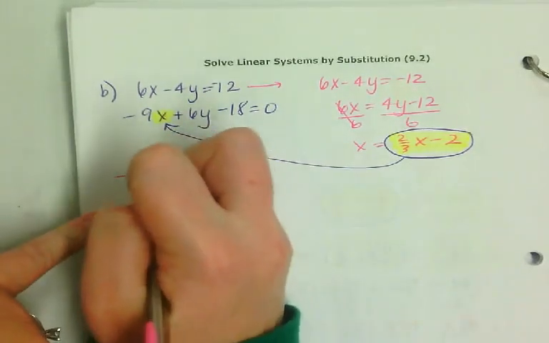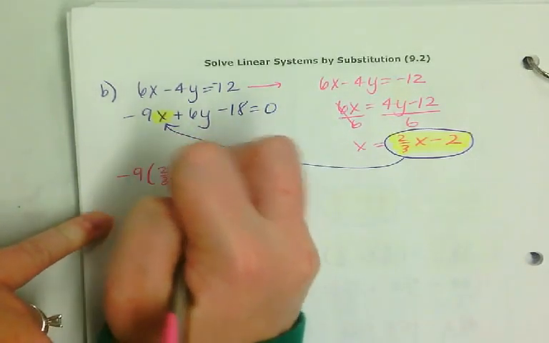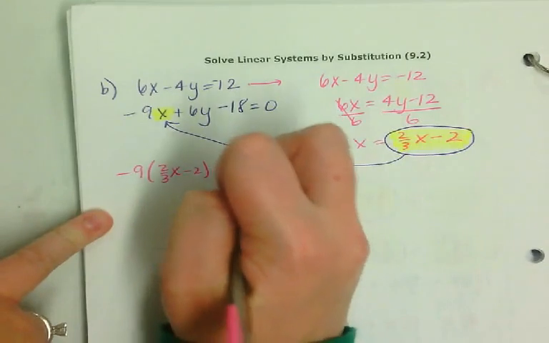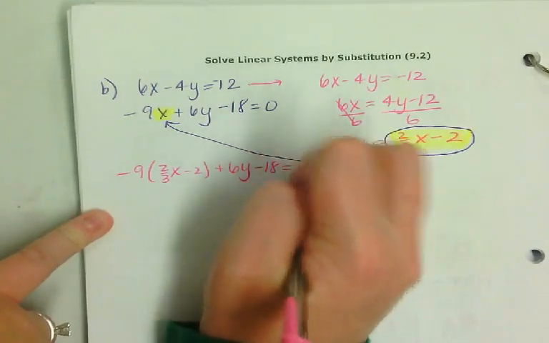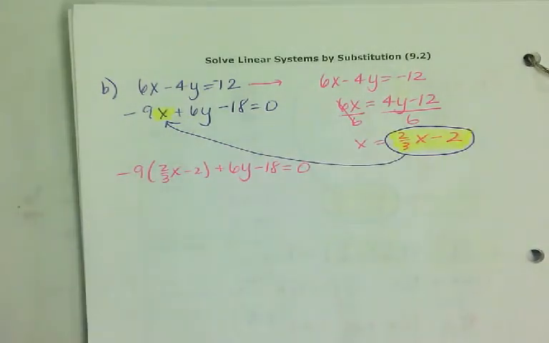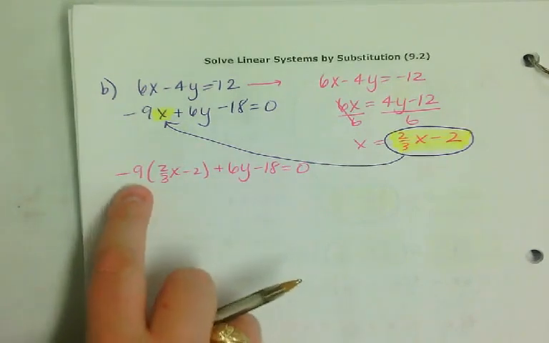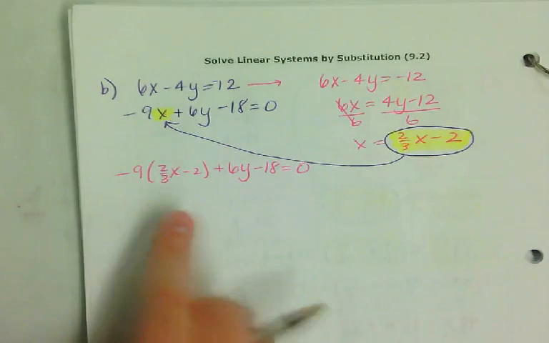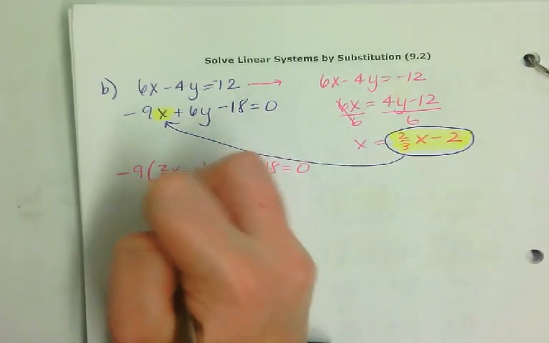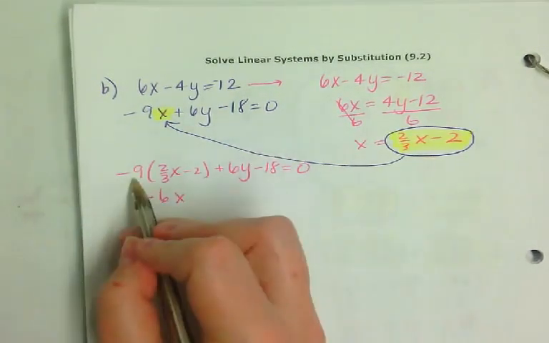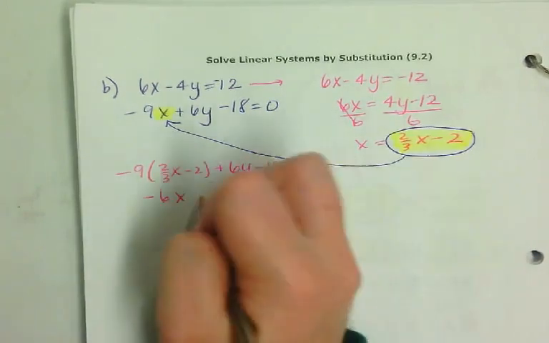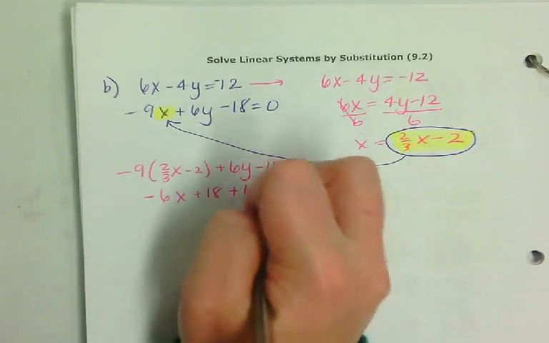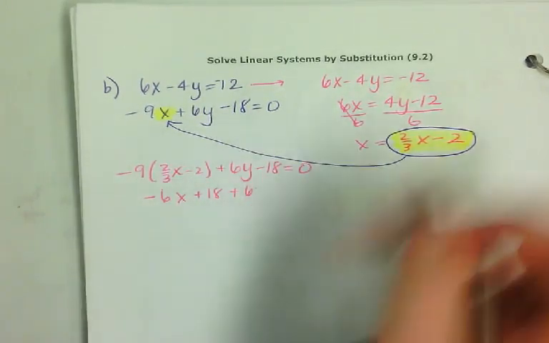So negative 9 times 2/3 y minus 2 plus 6y minus 18 is 0. Now I have a fraction, but this works out really nicely because negative 9 times 2/3 is negative 6y. Negative 9 times negative 2 is 18 plus, oops, I wrote an x here.